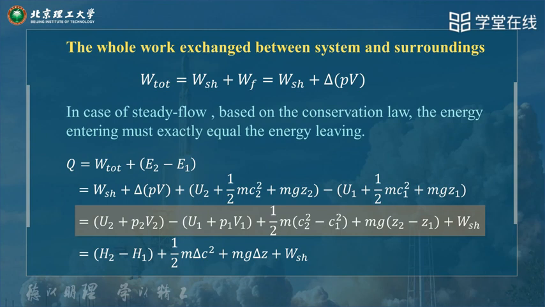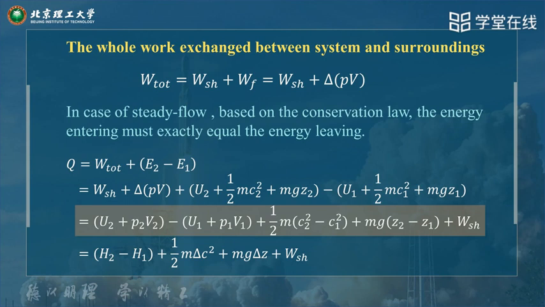So we give a special concept, enthalpy, to express U and the PV. Also, the kinetic energy difference just is 1/2 m (C2 power second minus C1 power second), and potential energy just is a difference, mg(z2 minus z1).